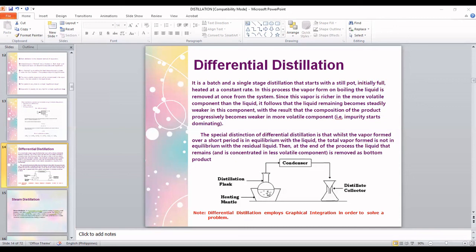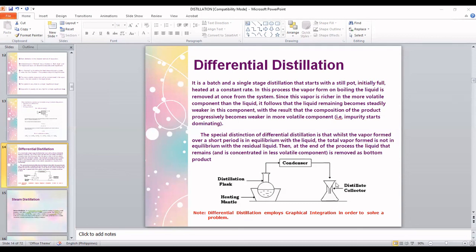So what we mean here is that the total vapor collected and the residual liquid are not in equilibrium, this liquid that remains here. Because remember, in the lab, when you do this, you have this particular flask. You keep on boiling it, and then the vapor goes up here. It passes through the condenser, and then the liquid is collected on the other side.